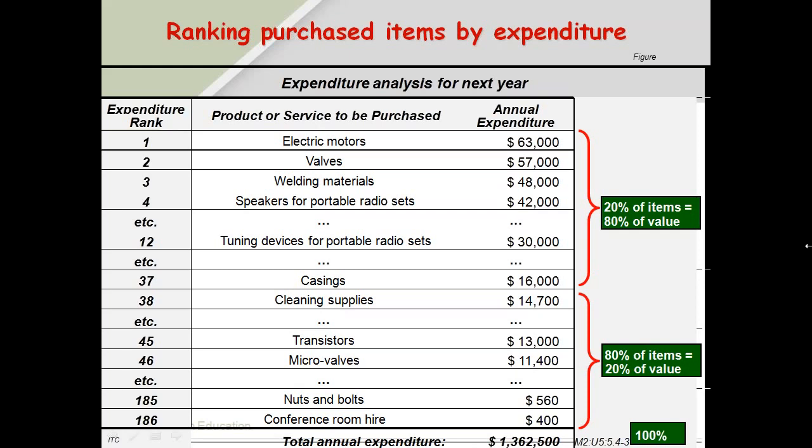In numbers they are 20%, but value wise 80%. But below you have around 80% of the items, but value wise 20%. So that shows you that you need to focus on the top 20% value items which cover 80% of the value. So you need to rank them by expenditure.